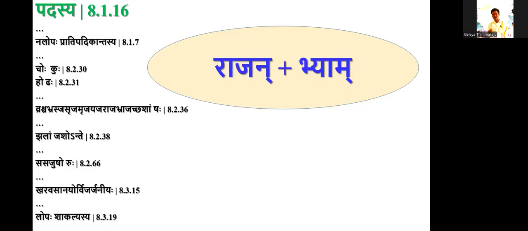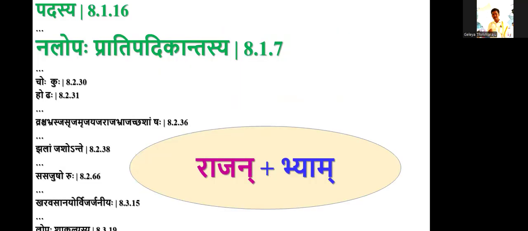Then we shall take this example Rajan plus Bhyam. This Rajan is a pada by the sutra Swadishu Asarvanamasthane. This Bhyam is an Asarvanamasthana Swadi Pratyaya and it is not beginning with an ach letter or yakara, so it is not bha, so it is pada Rajan. So at this stage we have this sutra Nalopah Pratipadikantasya, 8.2.7.